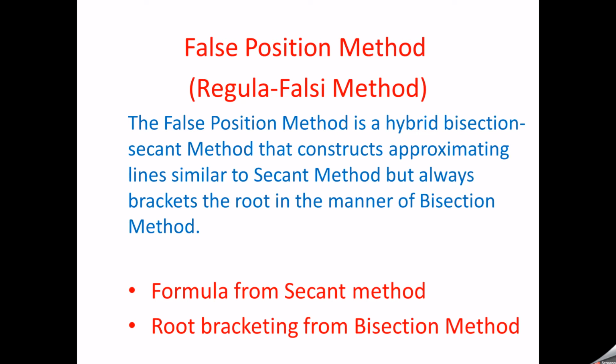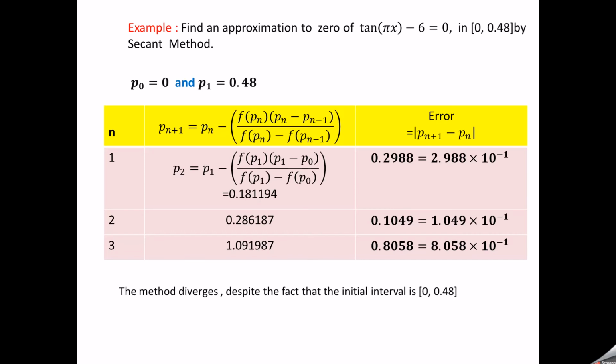Let us see one example where the secant method diverges, because we are going for this false position method because of the disadvantage of the secant method where it diverges. Let us take this example.